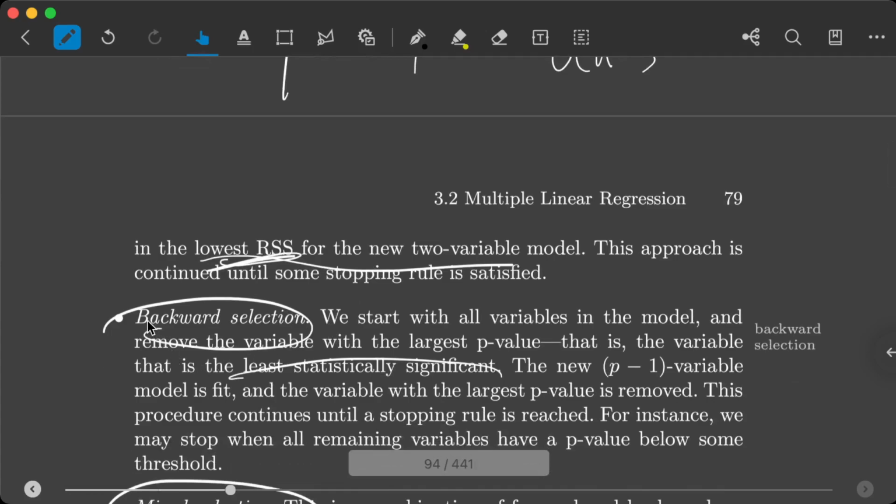And the second one is backward selection. It works in the other way. Like we have 8 predictors, and we start from the model that includes all the predictors. In the first step we try to remove one of them, and we may find that removing the fourth one is the best choice because it has the lowest RSS.